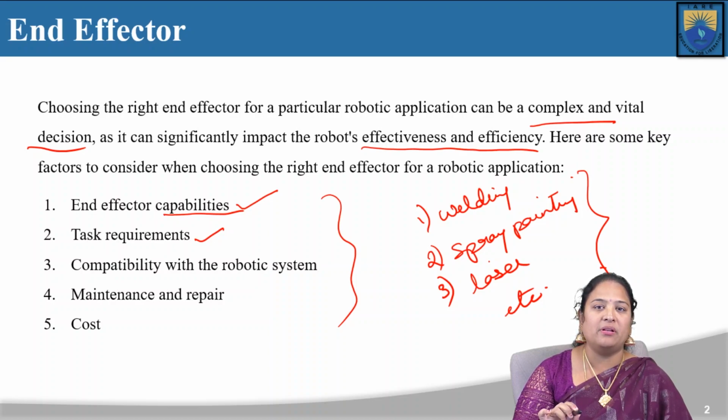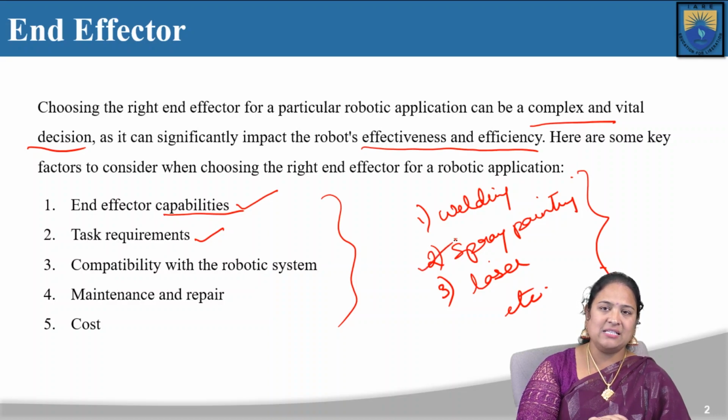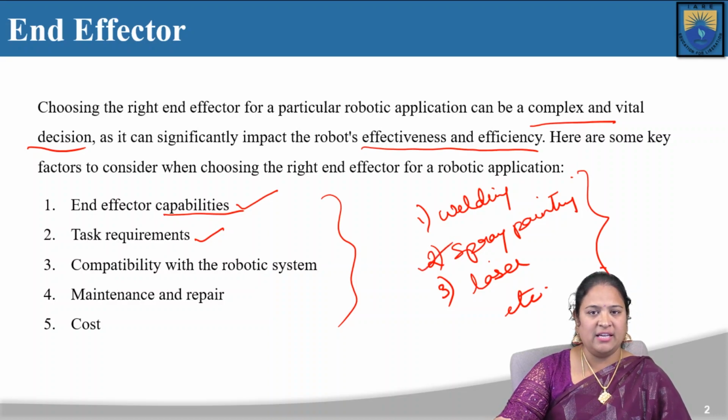For example, when we need to do any sort of welding, that particular type of end effector should be designed in that particular form. When we need to do some spray painting, then that particular type of end effector design should be done in that particular constraint. So the design and selection of the end effector should be done based upon the task requirements.